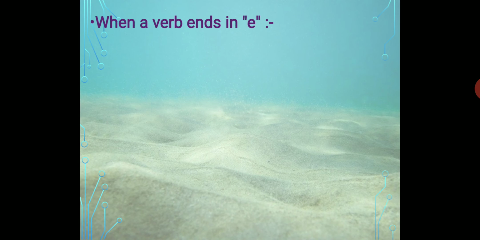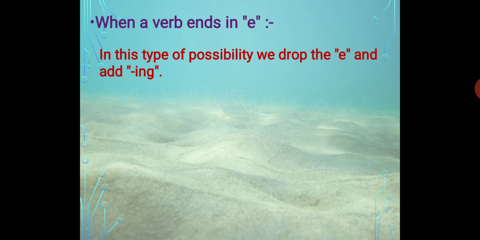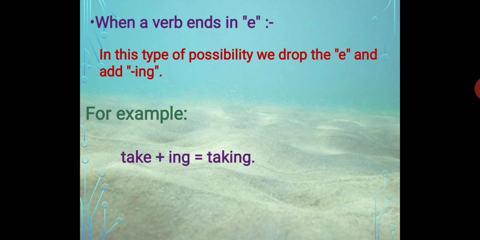The next rule is when a verb ends in e. In this case, we drop e and add ing. Let's see the example for more clarity. Take plus ing.